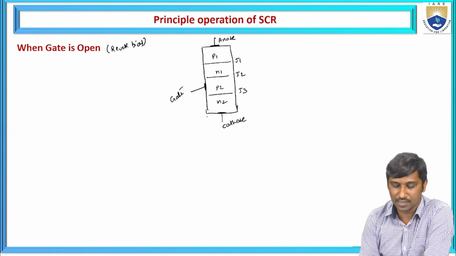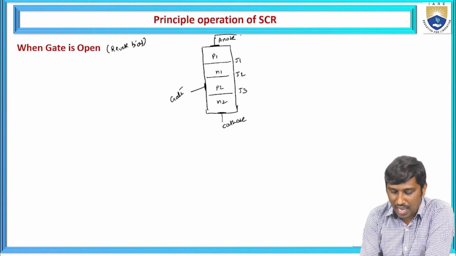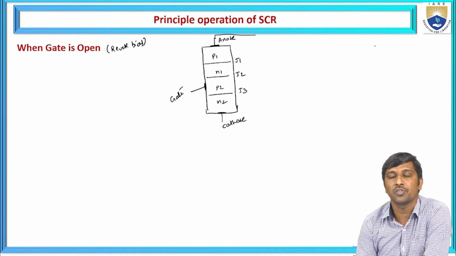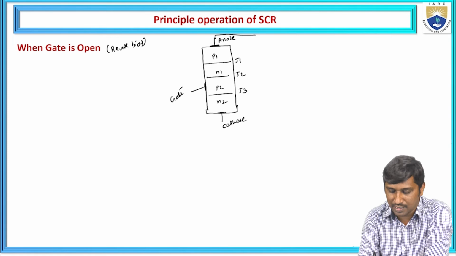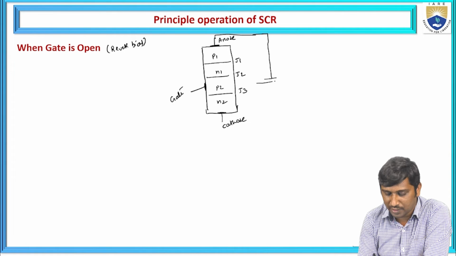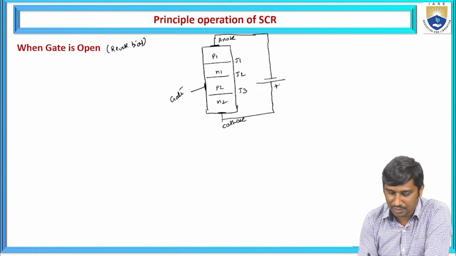Now see what happens. We call it reverse bias when a p-type is connected to the negative pole of the battery and n-type to the positive pole. So the anode is connected to the negative pole of the battery with respect to the cathode, and the cathode is connected to the positive pole.